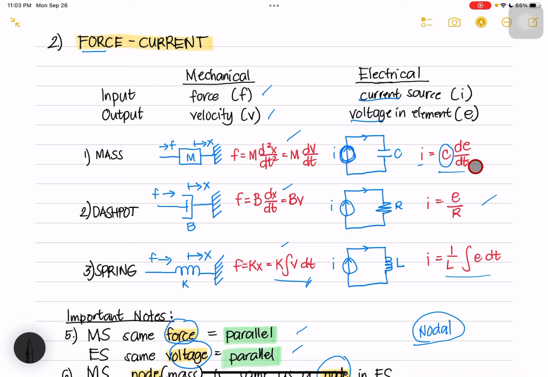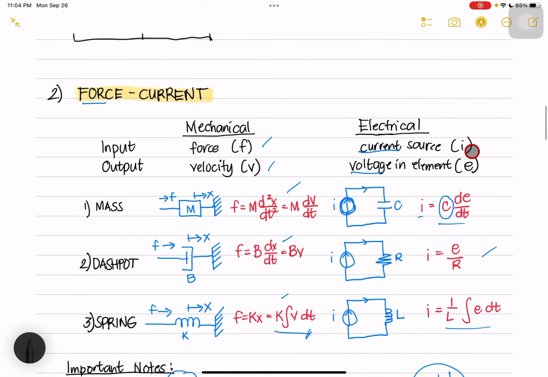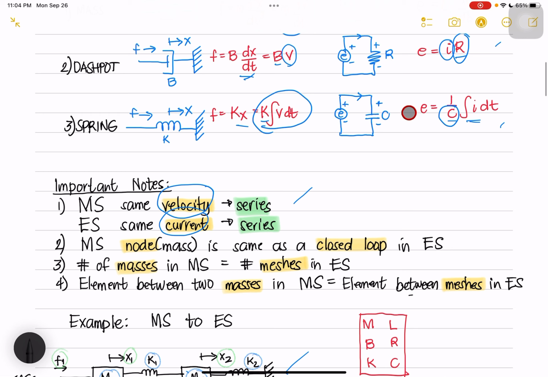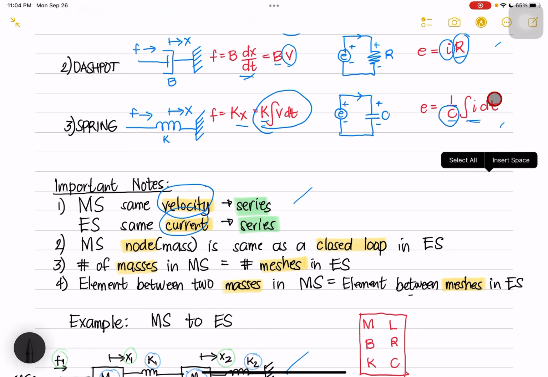Okay, so actually, we can still derive this formula from here. From here, this is the C. Let's try to derive. E is equal to 1 over C integral of I dt.